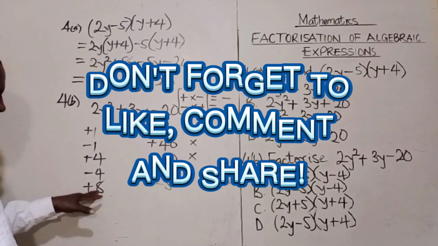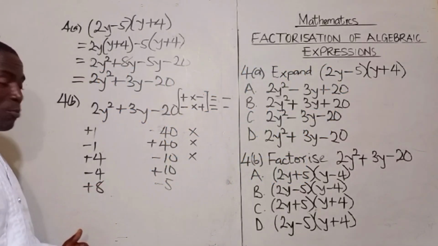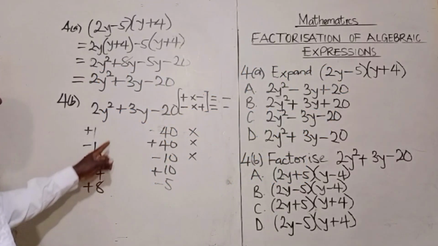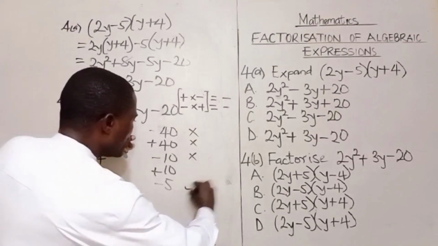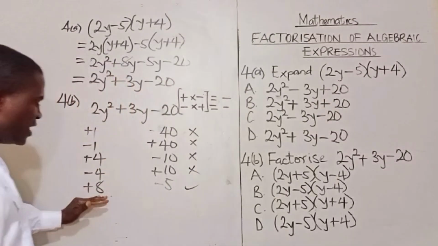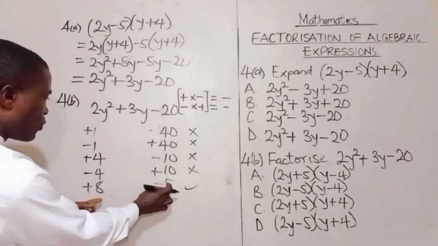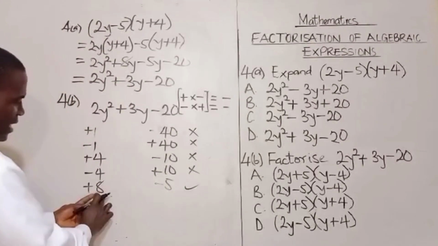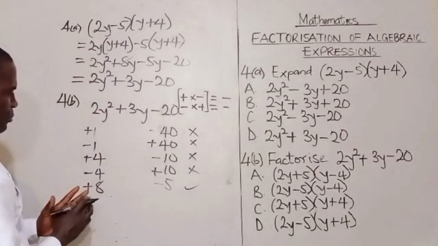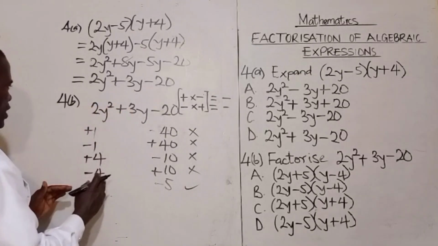If I pay my money out of this, the leftover of the money that will be with me is going to be plus 3, which is exactly what we're looking for. So the most appropriate factor is this and this. The most appropriate factor we can use to double the content here is plus 8 and minus 5. We can now proceed. I said this most appropriate factor, we want to use it now.